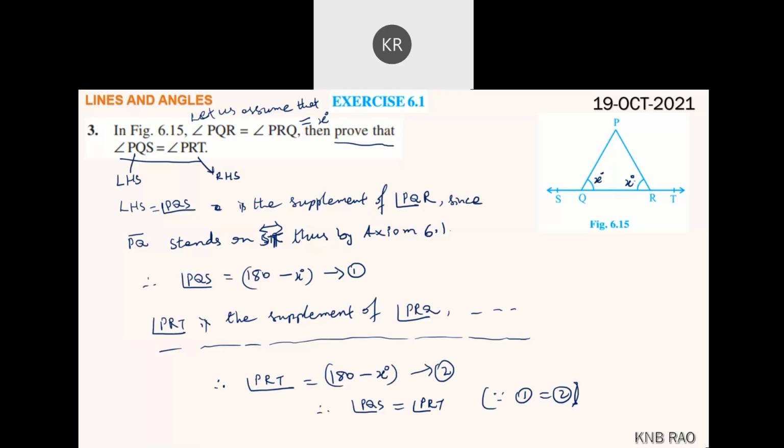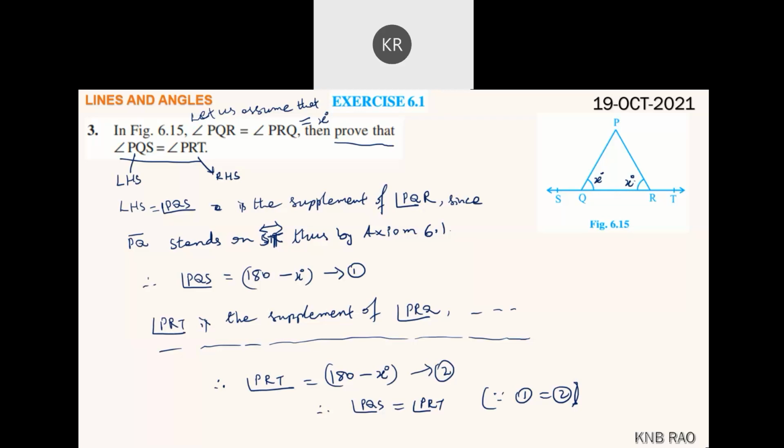You can find this postulate of Euclid in chapter 5, Introduction to Euclid's Geometry. Have you understood the statement? Here angle PQS is equal to 180 minus x, and angle PRT equals 180 minus x. They both are equal to the same thing, that's why they are equal to each other. So we refer to this as the postulate of Euclid.